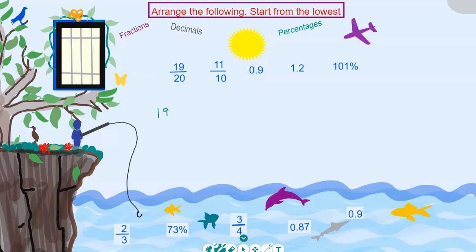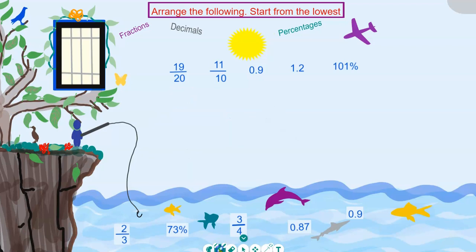So you have 19/20. How can we make the denominator 100? So we're going to multiply the denominator by 5, because 20 times 5 is 100. Do the same to the top, so times 5. So 19 times 5 will give you 95. So 19/20 is 95%.